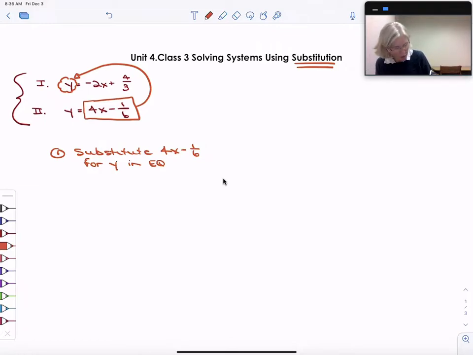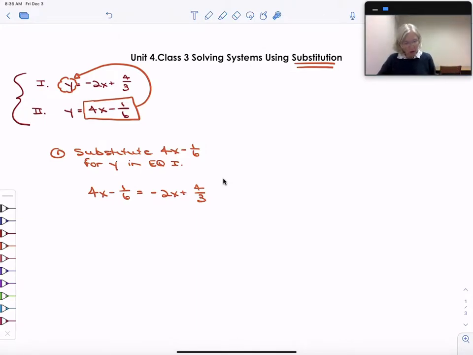EQ just means equation number 1. All right, what does that look like? Now instead of y, we have 4x minus 1/6 is equal to negative 2x plus 4/3. This substitution step now has given us one equation with one variable x, and we can solve it.